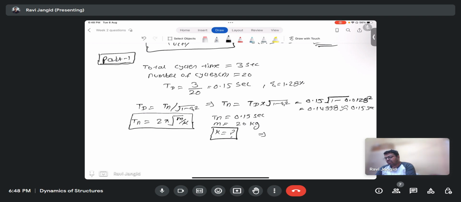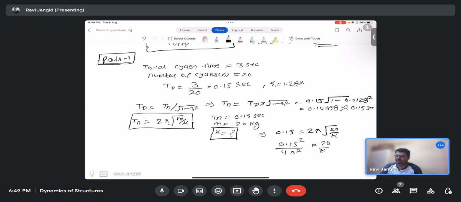If you put Tn is 0.15 is equal to 2 pi root m by k, m is 20, and we need to find out k. So that would be 0.15 square divided by 4 pi square is equal to 20 by k. From here I can find out k.